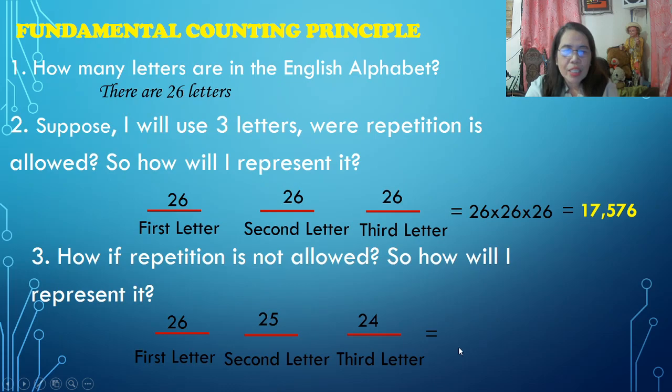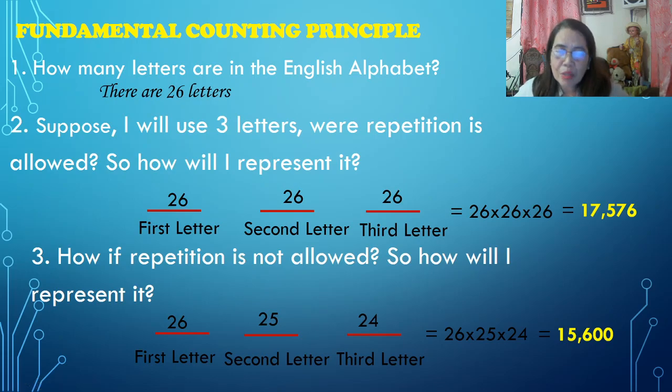So, multiplying this, kung ang tinatanong ay number of ways, we'll have the answer 15,600. Okay, so from these different concepts to remember, we can now proceed with problems involving permutation or combination. Okay, let us see.